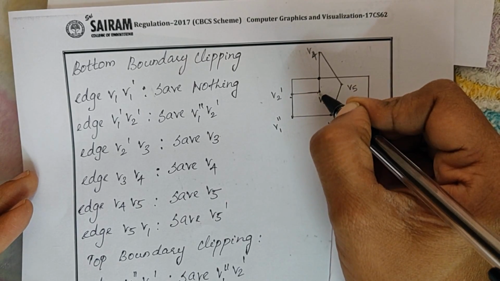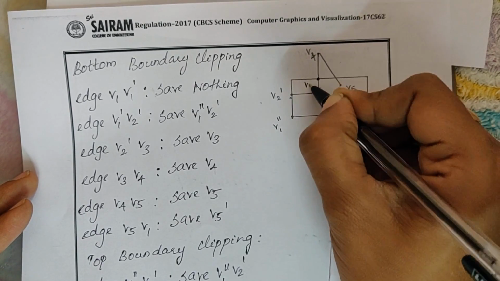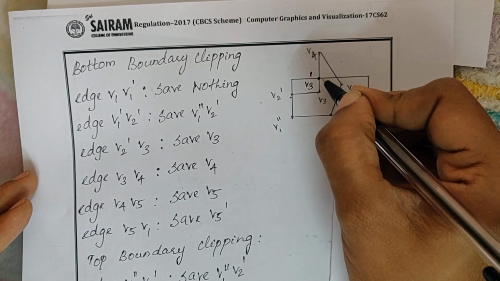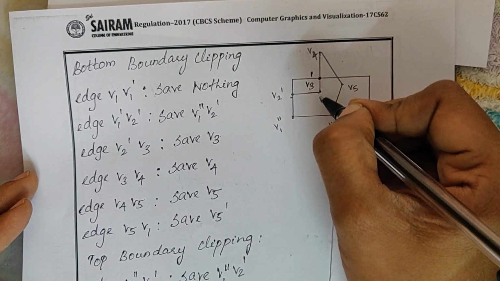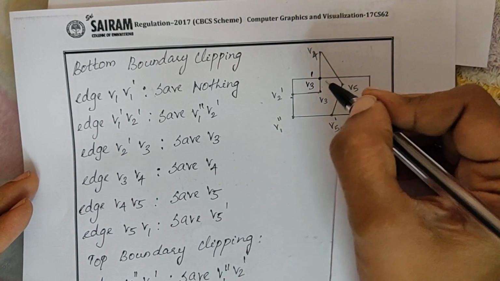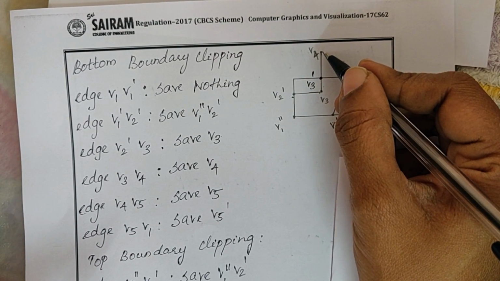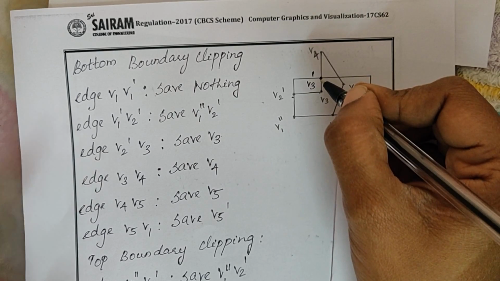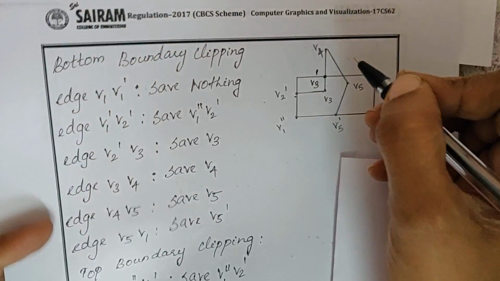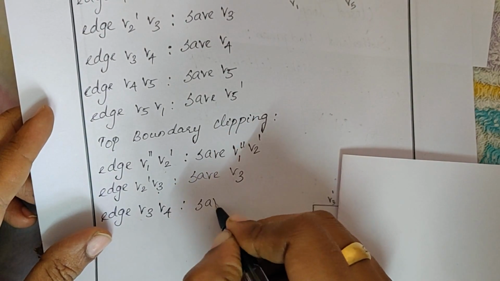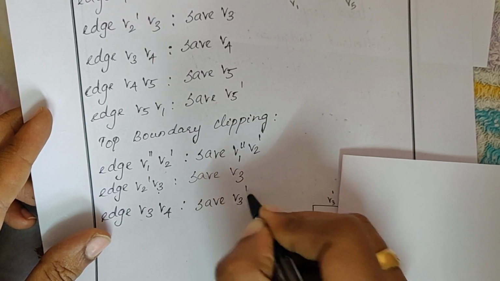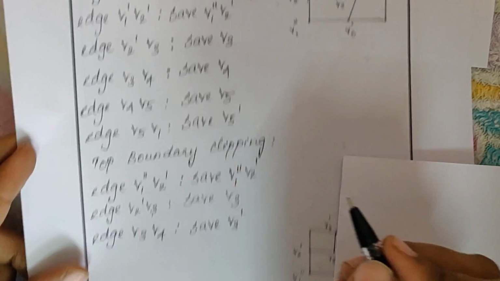In this edge the starting vertex is V3, so V3 dash. Always the intersection point is starting vertex dash. Here the starting vertex is inside and the ending vertex is outside, so I have to save the intersection point alone. So save V3 dash.